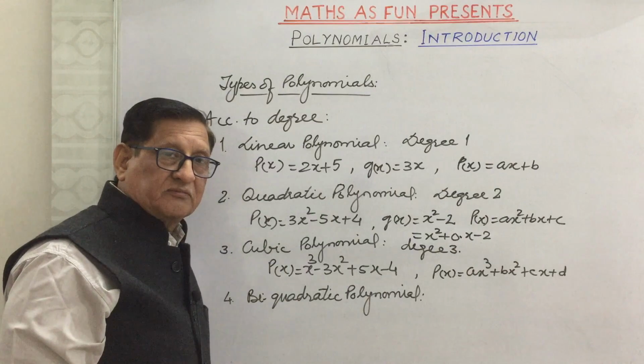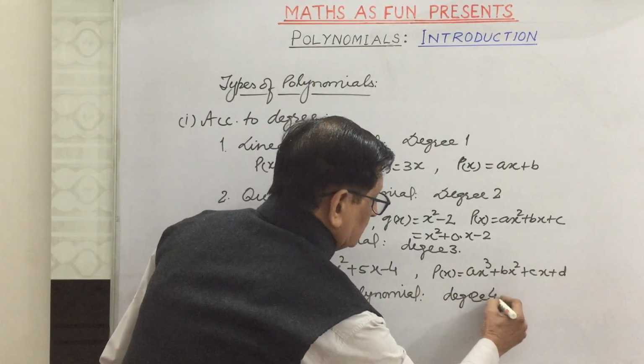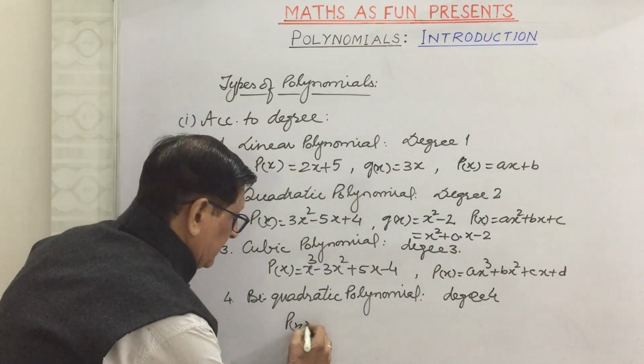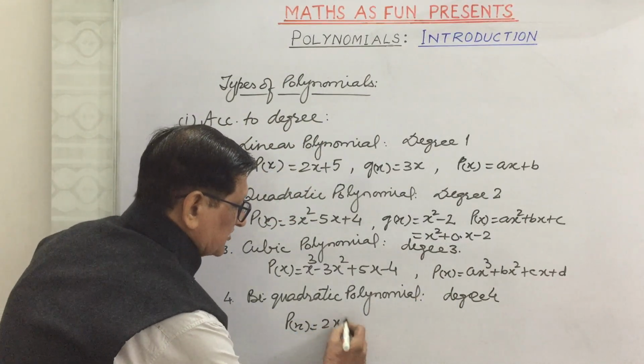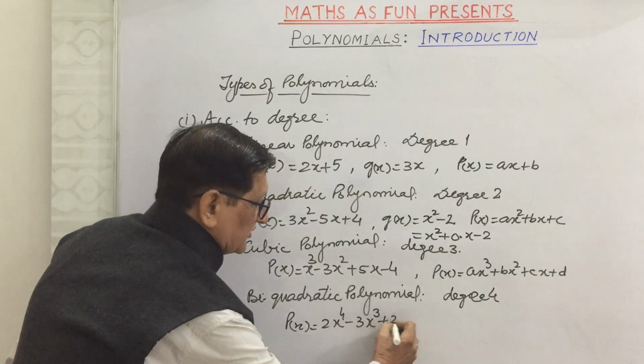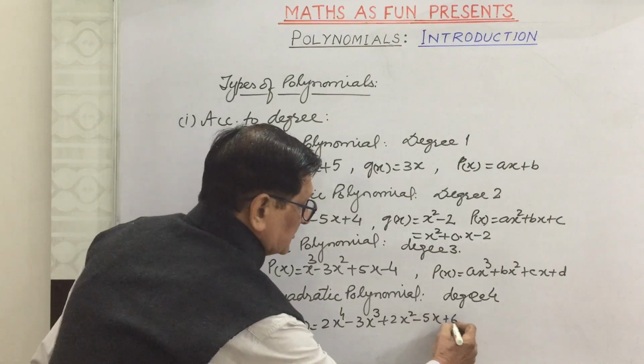Biquadratic polynomials, these are of degree 4. For example, we have p(x) = 2x⁴ - 3x³ + 2x² - 5x + 6.